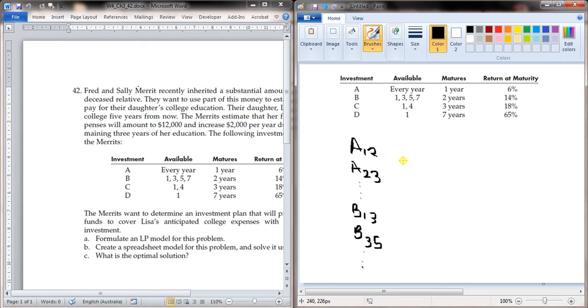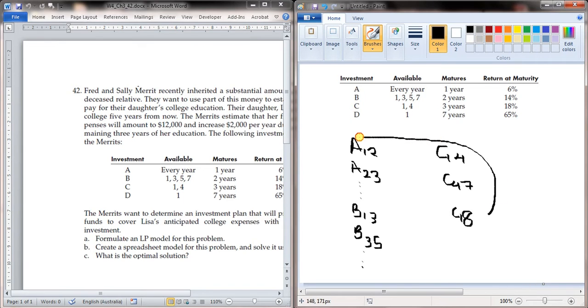Likewise, for C, if invested in year 1, it takes 3 years to mature and the return will be there in year 4. It can be reinvested in year 4, but the maturity will be after 3 years, so it will be in year 7. If you look at investment option D, it can be invested in 1 and will be reaped finally in the year 8.